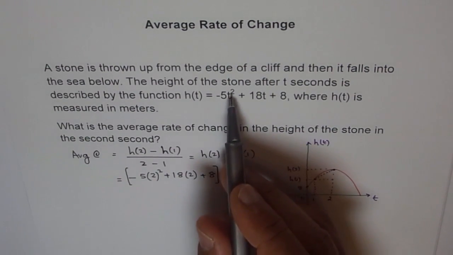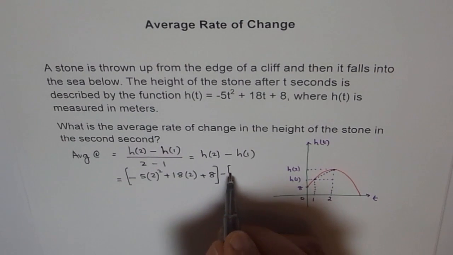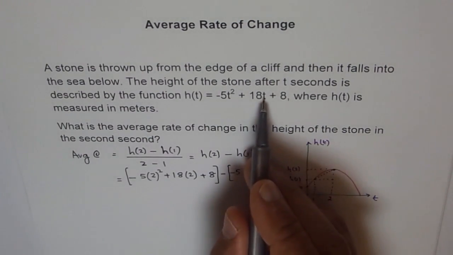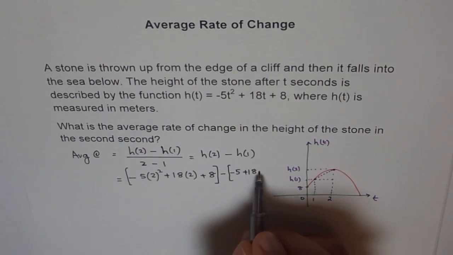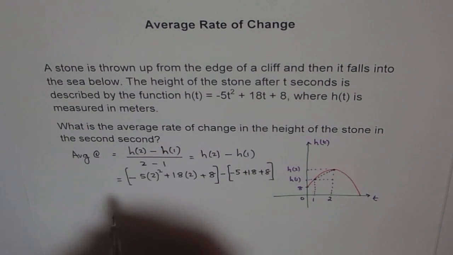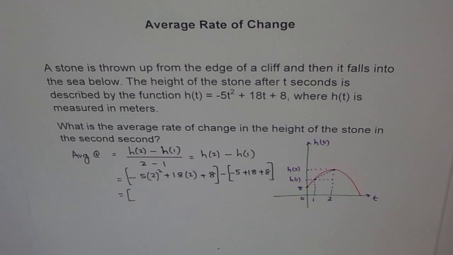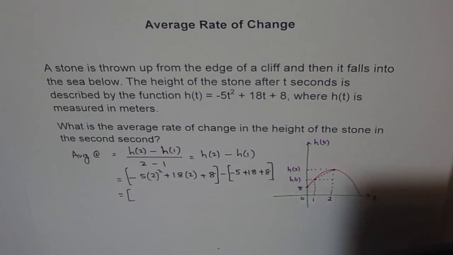So 1 square you know is 1, so I'm not putting in brackets now. I'm writing minus 5, and 1 times 18 will be plus 18 itself, and then plus 8. That's how it is. We can always use our calculator to do the calculations. Just plug in 2 in the calculator and get your answer.